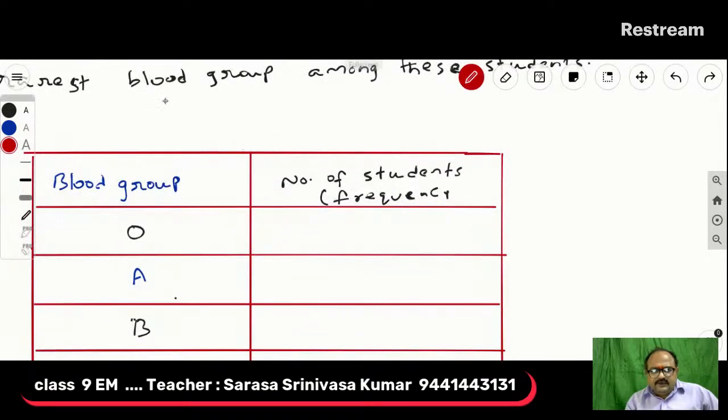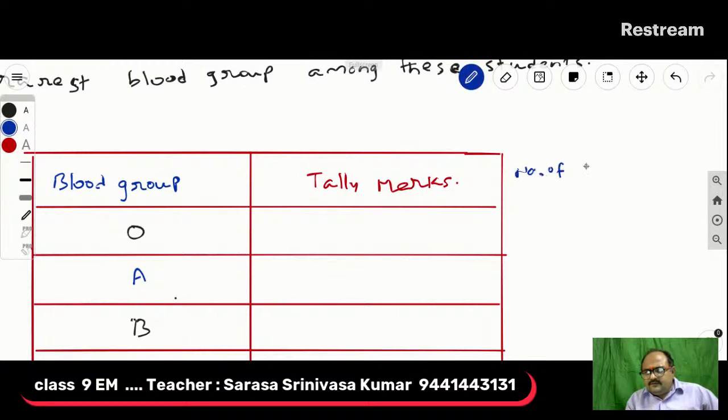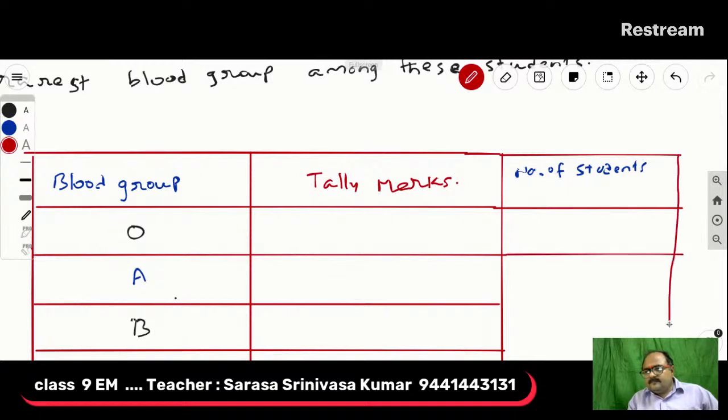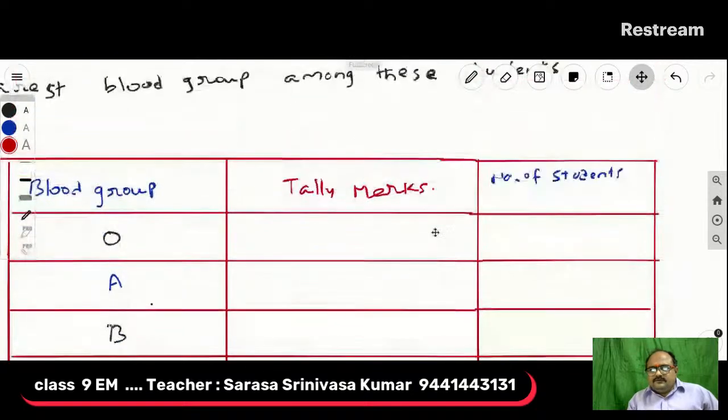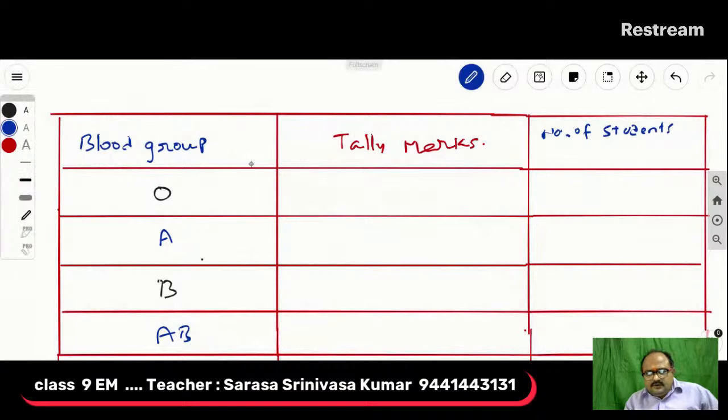Here we should write tally marks also. Total number of students having blood group O is 14.